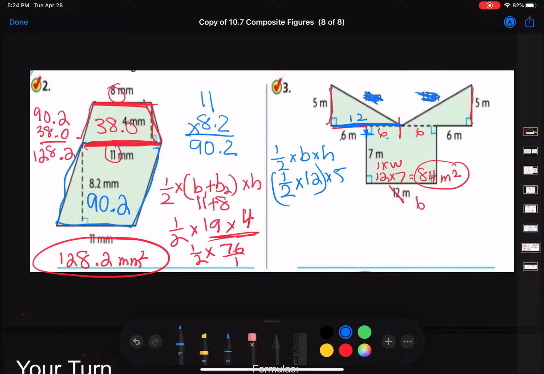In other words, what's half of 12? Half of 12 is 6. So 6 times 5, you get 30. So then that means this triangle is 30 and this one is 30. So add those two up. 30 plus 30, you get 60 plus your rectangle, 84. So you get 144 meters squared.